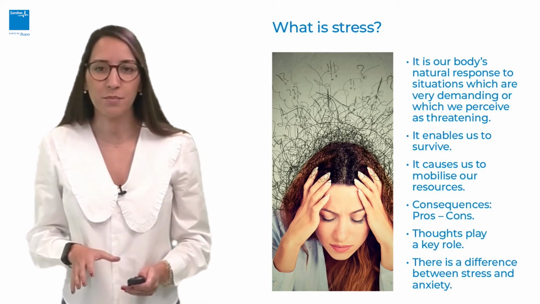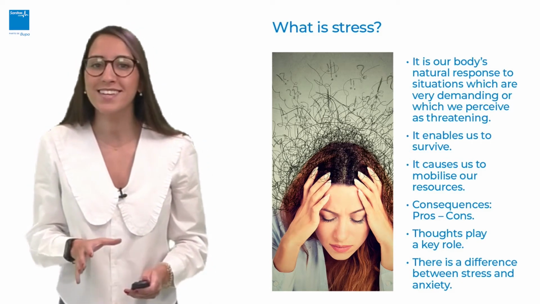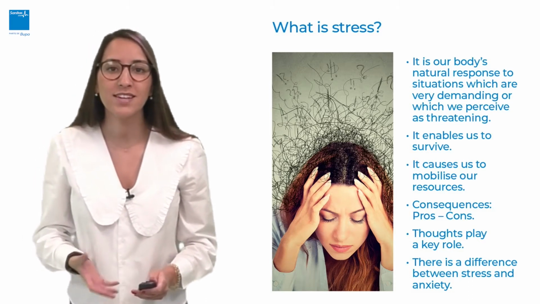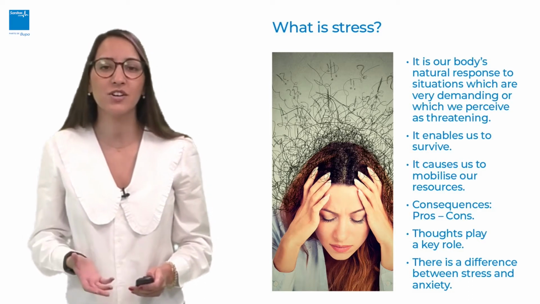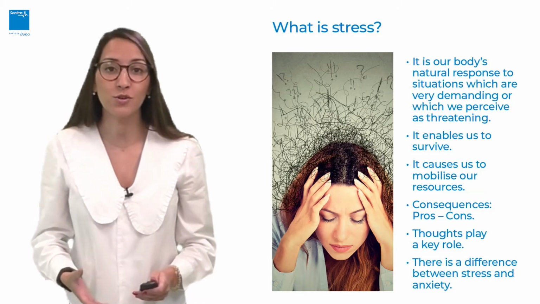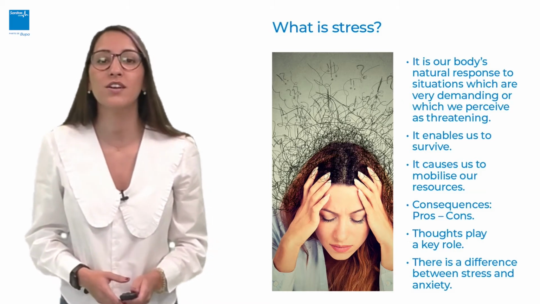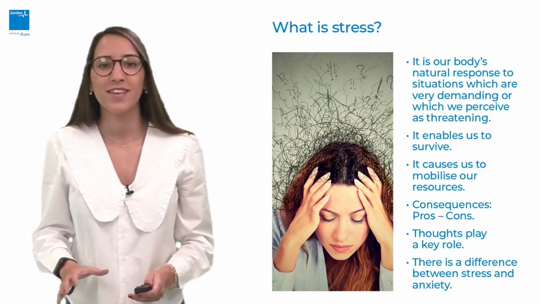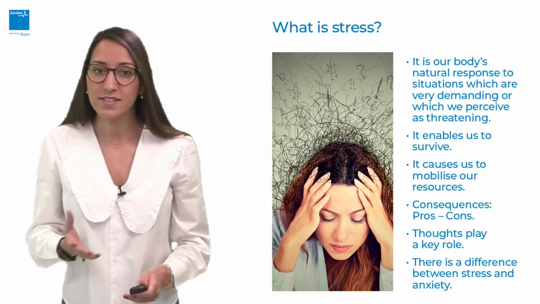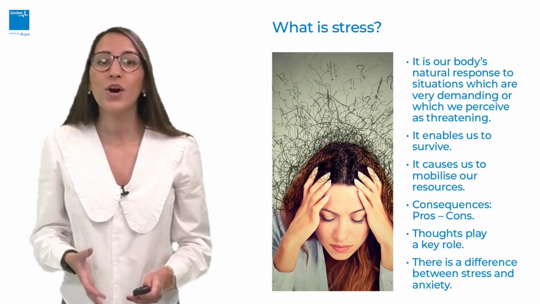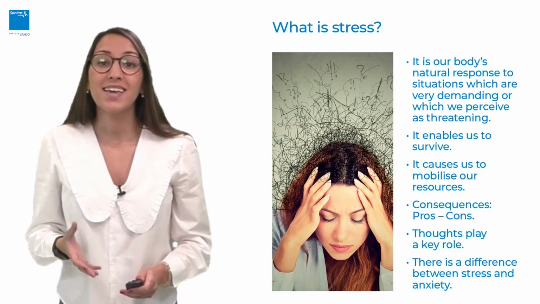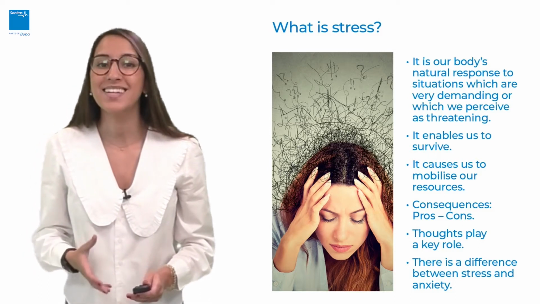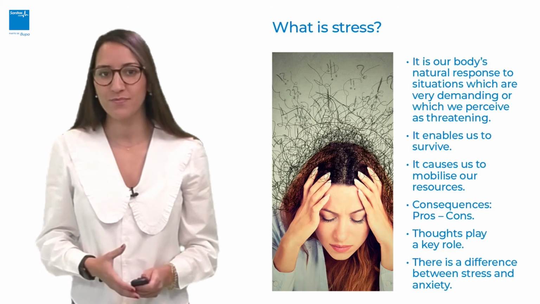I'll give an example of how it works in the animal world, as it helps us to understand the concept and can be generalized in relation to humans in the situations that are threatening for us. Imagine this scene. If a zebra sees a lion, what is going to happen? Its brain will interpret almost automatically that it is in danger.